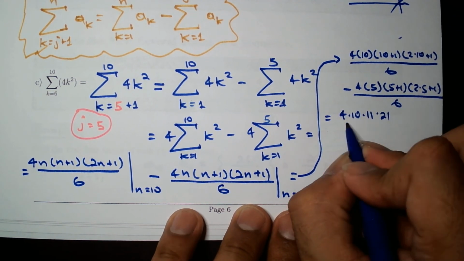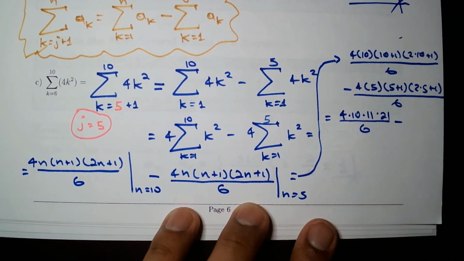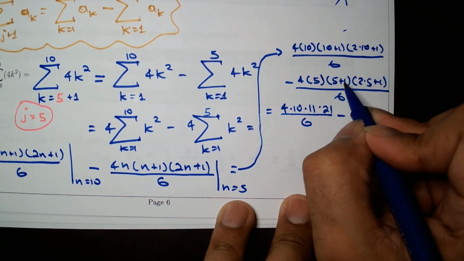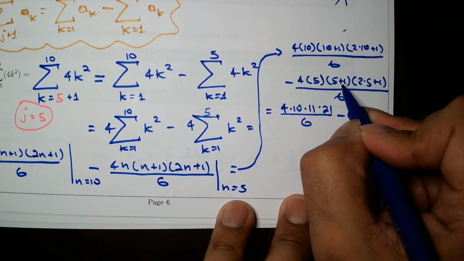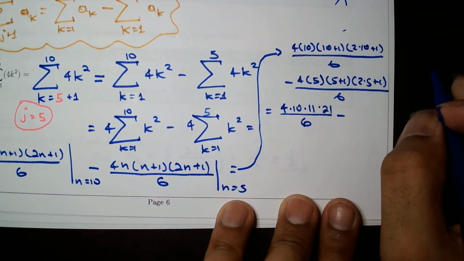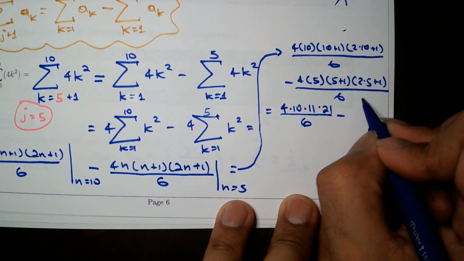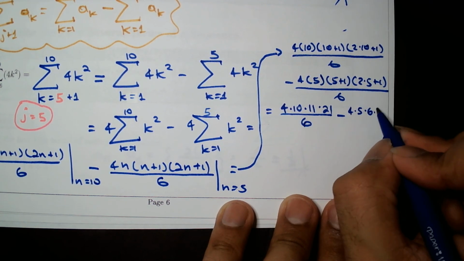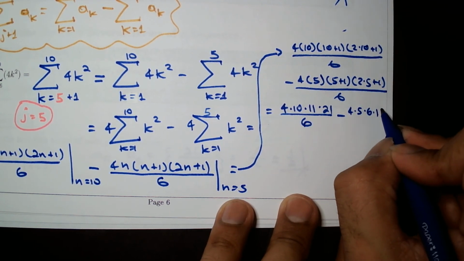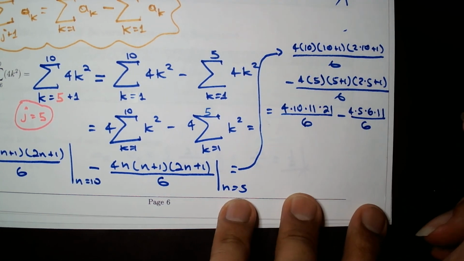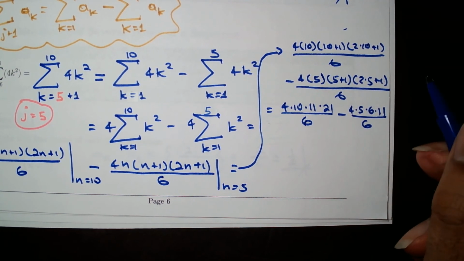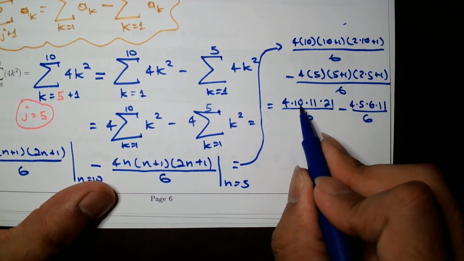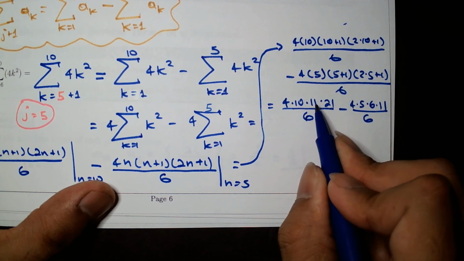That's 21 over 6, minus 4 times 5 times 6, times 2 times 5, which is 10 plus 1, that's 11 over 6. Alright, so let's see what we get. In this case, 4 times 10 times 11, times 21.